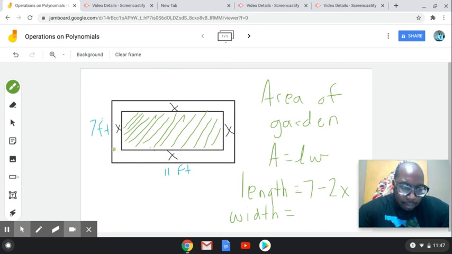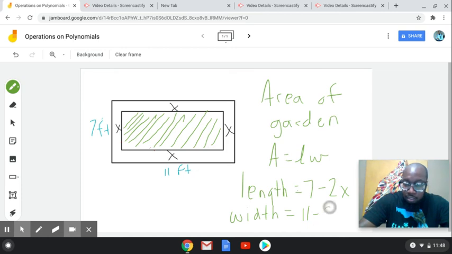It's the same thing as with the length. We take off an x amount from this width and an x amount from the other side. So we took off an x amount from 11 here and another x amount from 11 here to give us the width of the garden. So that is going to be 11 minus 2x.